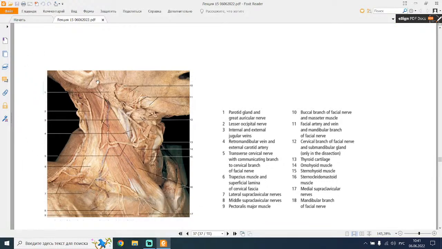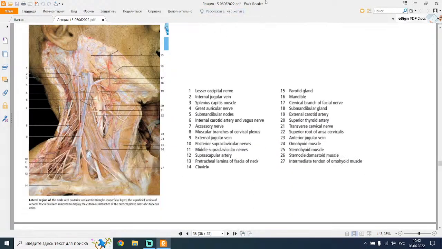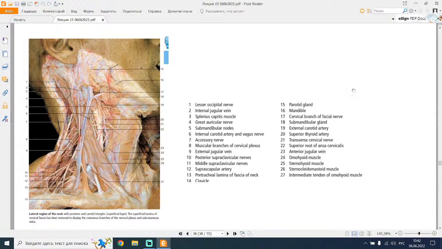What you see: internal and external jugular veins. External vein, vena jugularis externa.